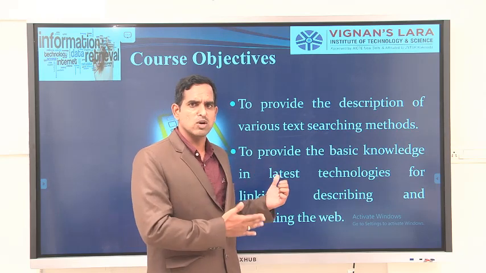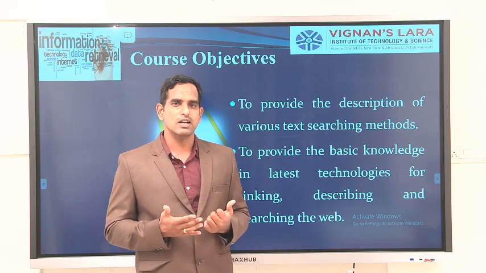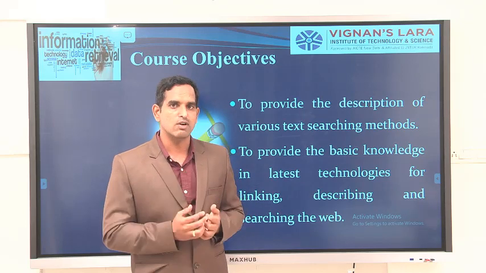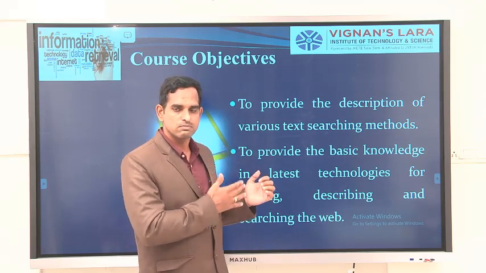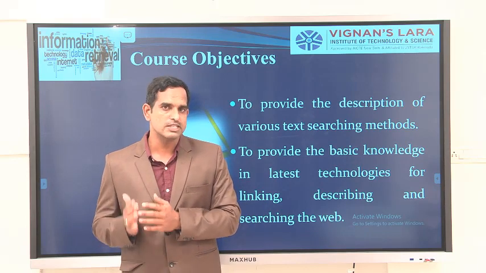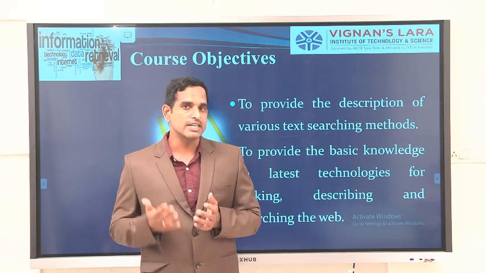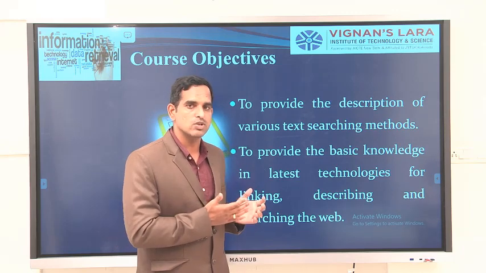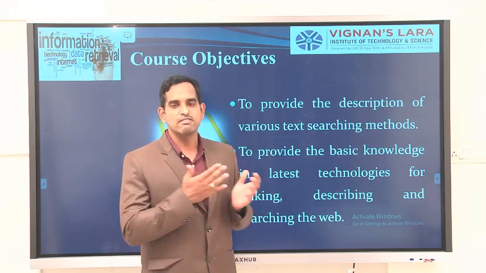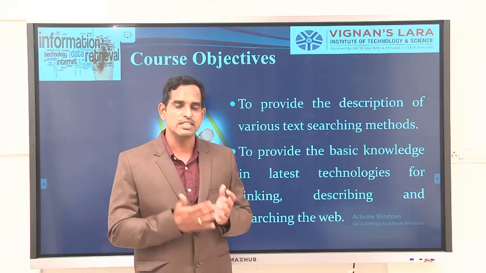So the brief review of what you are going to get from this particular course is, first you will be getting the foundations of all the things related to information retrieval. Next we will be looking at the various information retrieval techniques and methods you have, and the advantages and disadvantages of each method.